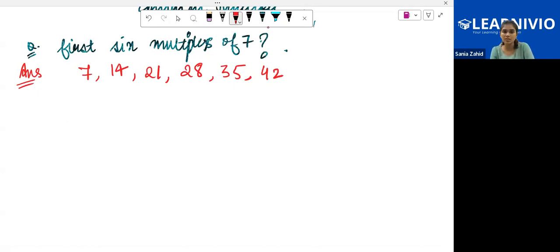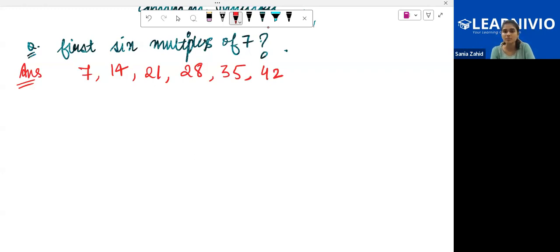If you've been asked to write down 6 multiples of 7, if the question is just 6 multiples of 7, you can write any multiples. Like you can write 56, you can write 70 also. But if it is written first 6, you have to start from 7 into 1.